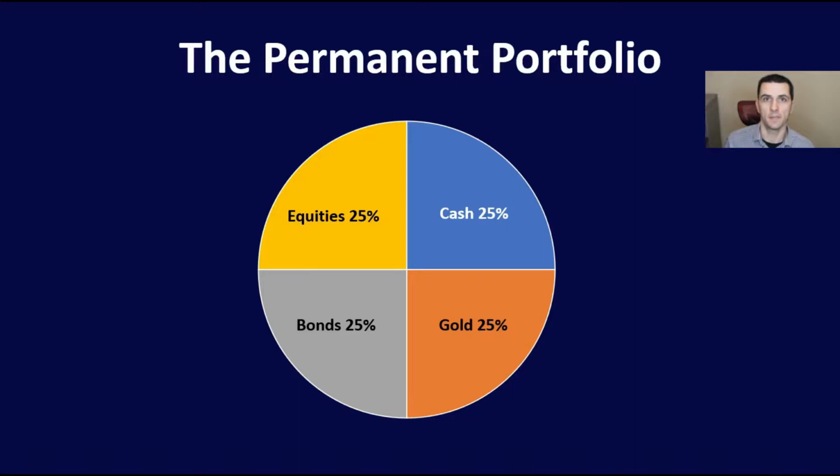So jumping right into it, as I mentioned, I did cover the introduction to the permanent portfolio in my last video. I will link to it in the description of this video. So this screen you see before you is just a reminder of what it is.